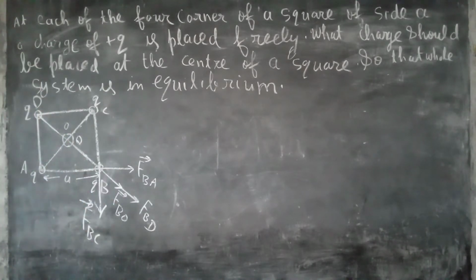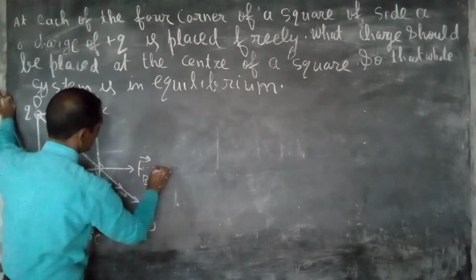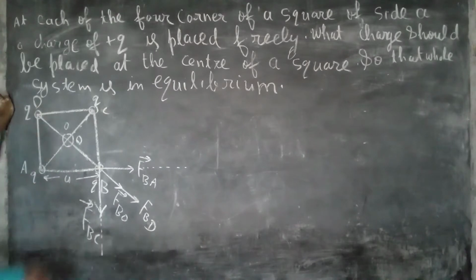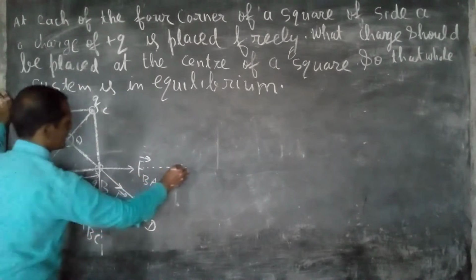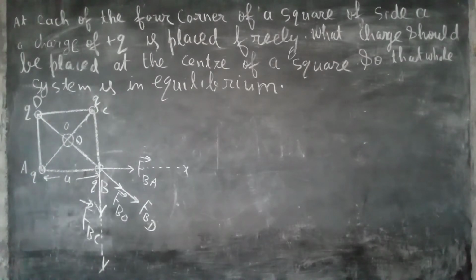Now we find the resultant of these four forces and equate it to 0. So we resolve these forces into two mutually perpendicular directions. Let AB direction be the x-axis and CB direction be the y-axis. So now we resolve our forces along the x-axis and y-axis.